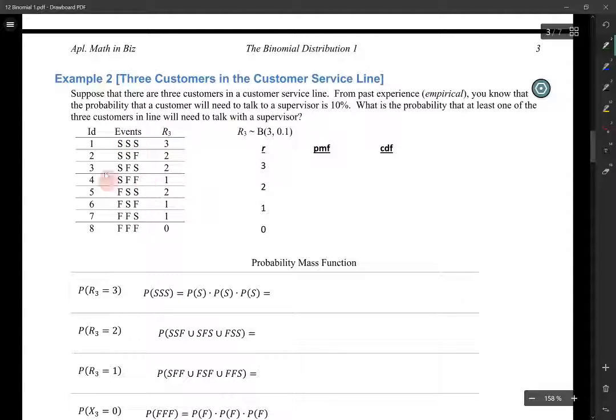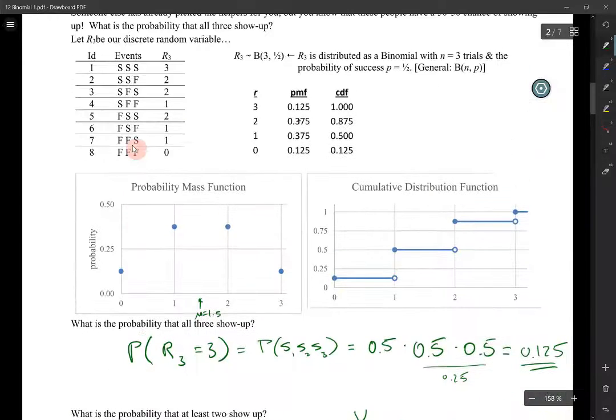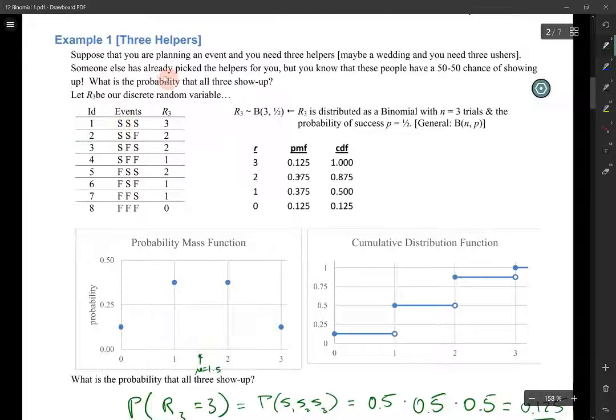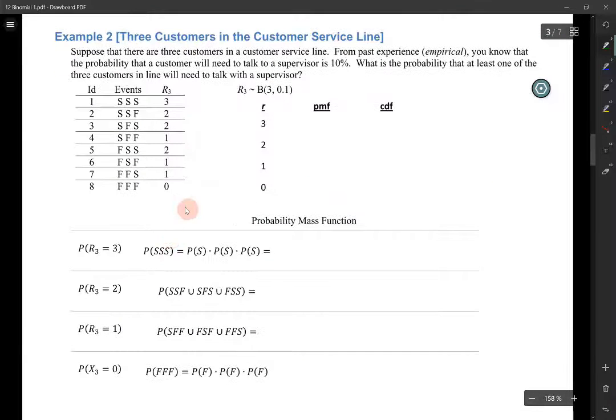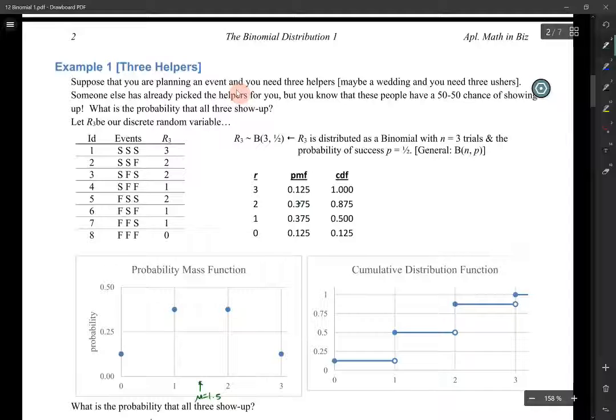Notice that the sample space looks the same as the wedding helper case. In fact, the values of the random variable are the same. The sample space is the same, the random variable is the same. What's different is that we're connecting a different distribution to the random variable, a different member of the binomial distribution.